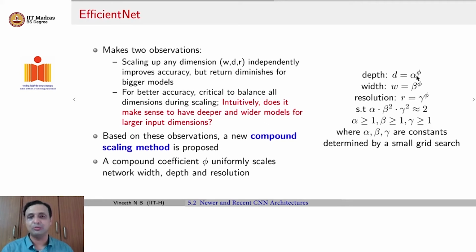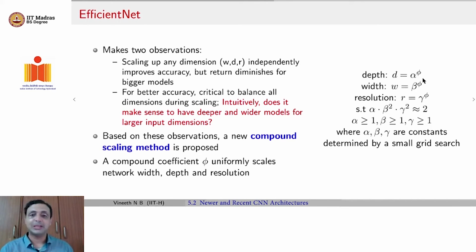These are scaling coefficients. So when we say d is equal to alpha power phi, we mean if alpha is 1.2, then d will become 1.2 times the old depth. It's a scaling coefficient. So if the total number of computations is d into w into r, your new number of computations after doing the scaling would be alpha into d.